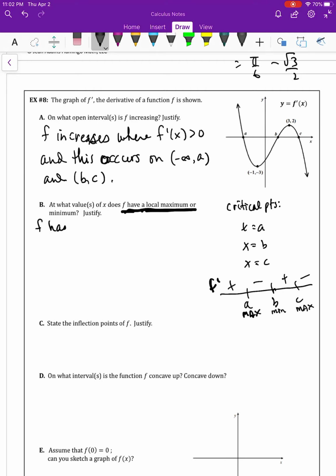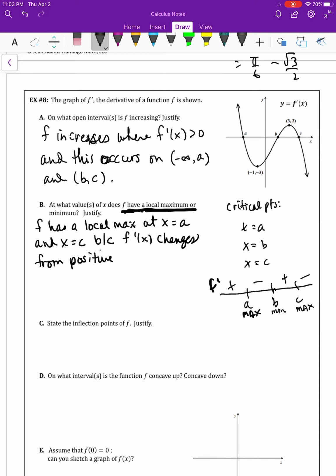So now we're going to say f has a local max at x equals a and x equals c, because f prime of x changes from positive to negative at x equals a and x equals c.